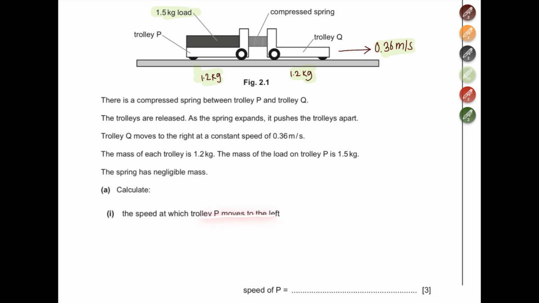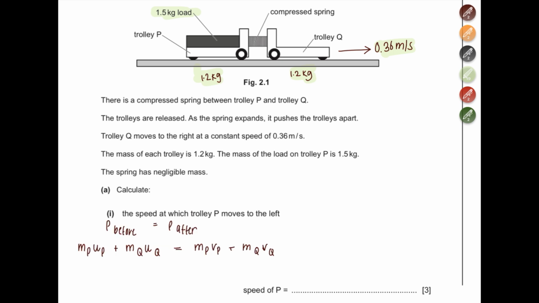To do that, we need to follow the conservation of momentum, which says that momentum before equals momentum after. This is the mass of trolley P times the initial velocity of trolley P, plus the mass of trolley Q times the initial velocity of trolley Q. This equals the mass of trolley P times the final velocity of trolley P plus mQ vQ.